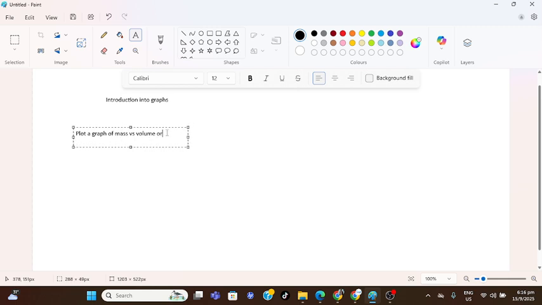Or you might see mass against volume. They're both the same thing. That will be our question one: use the table provided to plot a graph of mass against volume.